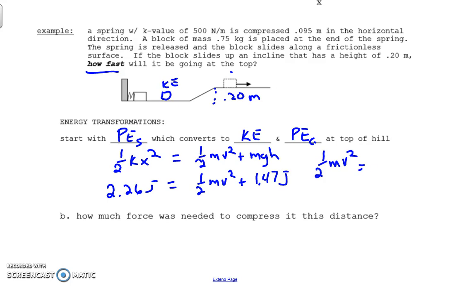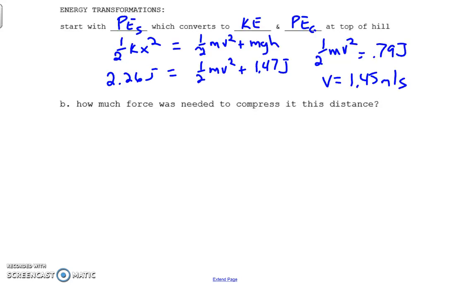That's going to be 0.79 joules. Hopefully I've done my subtraction correctly. And if we solve for velocity, which isn't too hard here, we see it's going 1.45 meters per second. So it's a pretty straightforward problem if you understand the energy transformations.